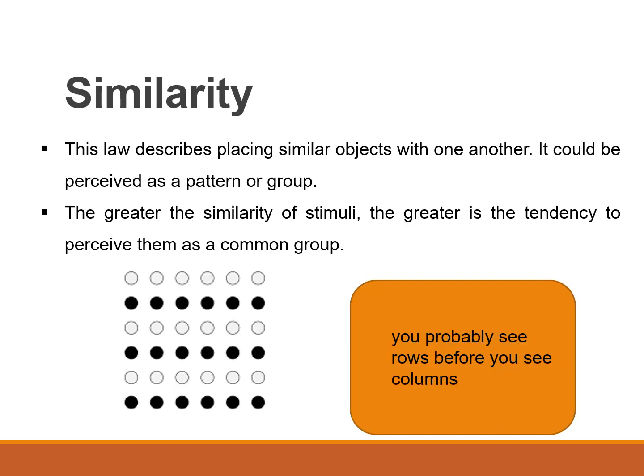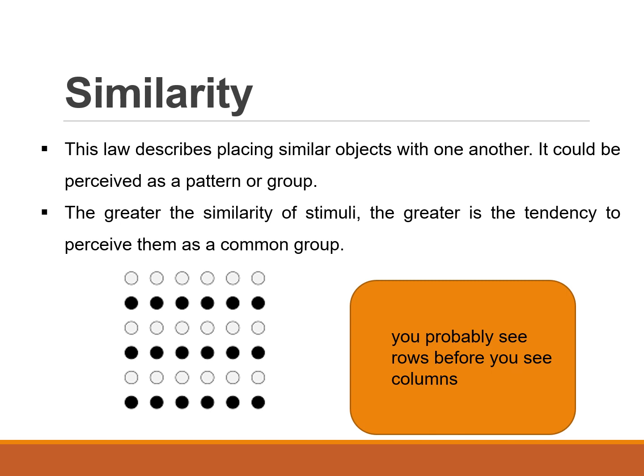And the similarity: events that are similar to each other tend to group together, and we have a tendency of perceiving them as a common group. The law describes placing similar objects with one another. It could be perceived as a pattern or group.